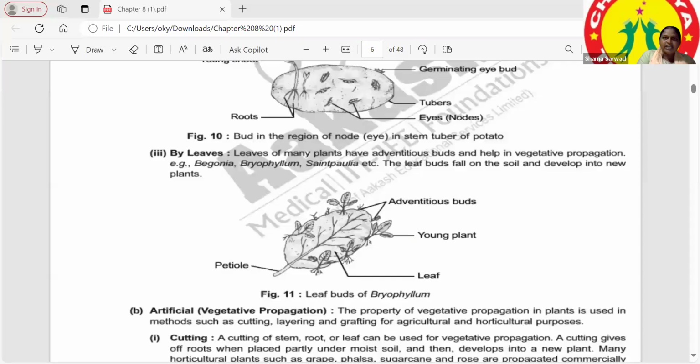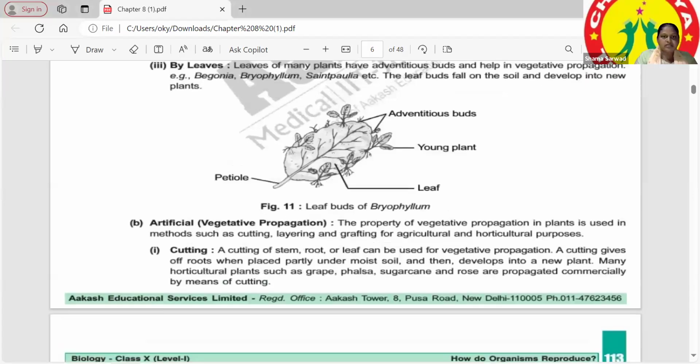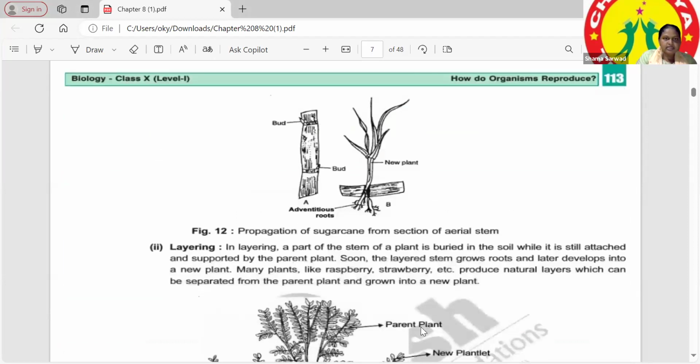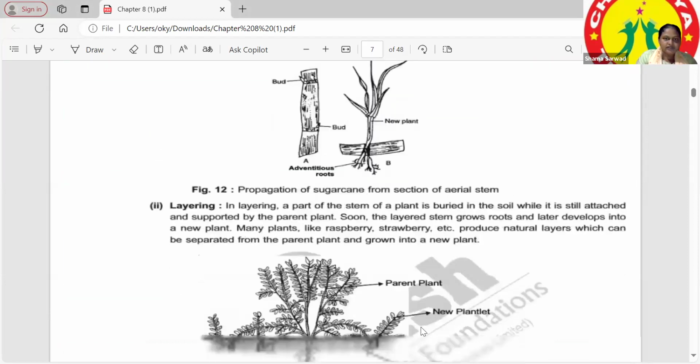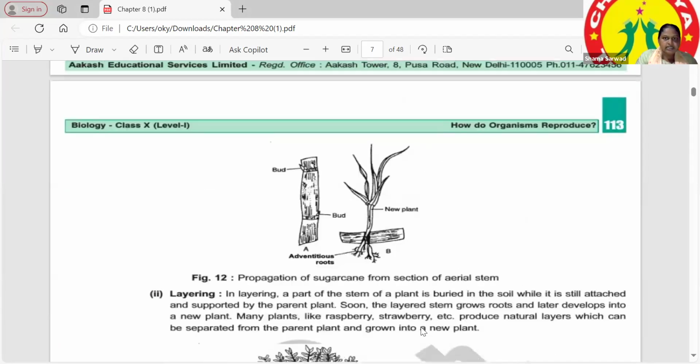So the next part is artificial vegetative propagation. See what is given. See this layering, the one which I've said. First one is, I guess, budding.